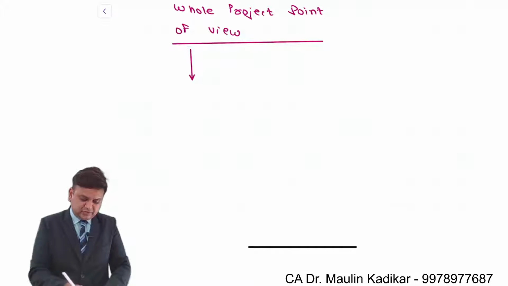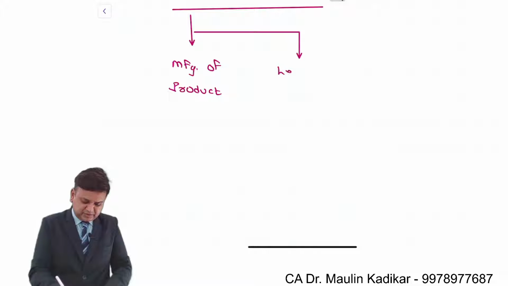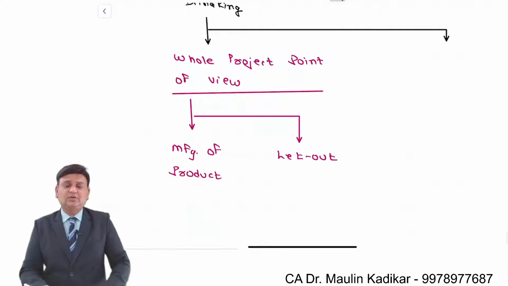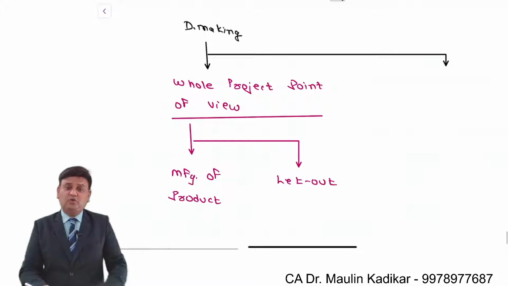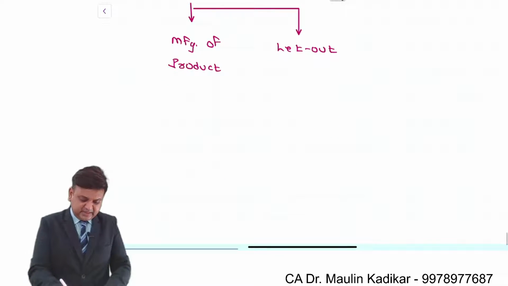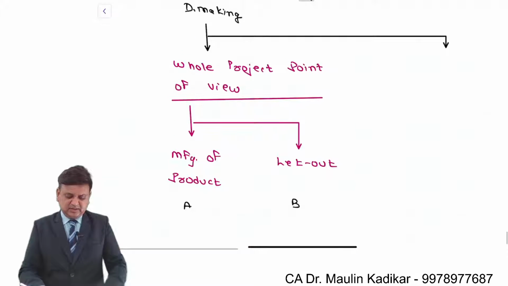We make the calculation of the NPV for manufacturing of product and at the same time we make the calculation of the NPV for let out option. Between these two, the option which is having higher positive NPV will be selected. This is what we understand as the whole project point of view. Let us say that this is option A and this is option B.